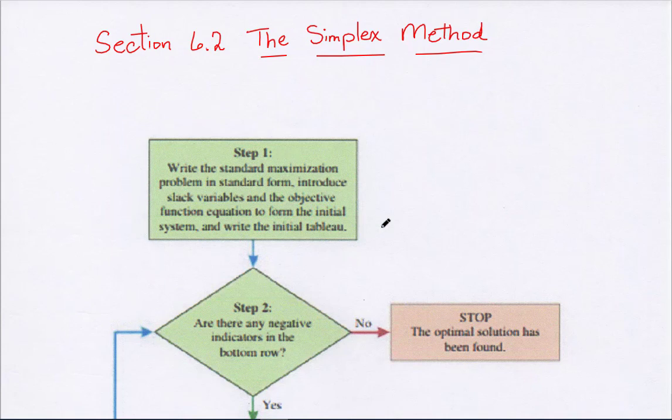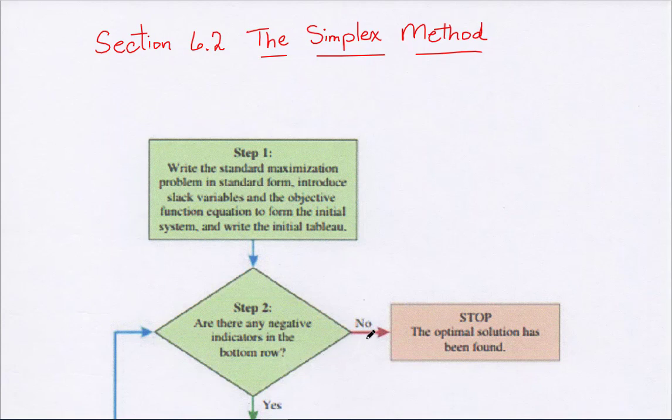Step one is to put all of our constraints and the thing to optimize in a form that I can put into a matrix. Step two, we look at the very bottom row. Does the bottom row have any negative numbers in it?